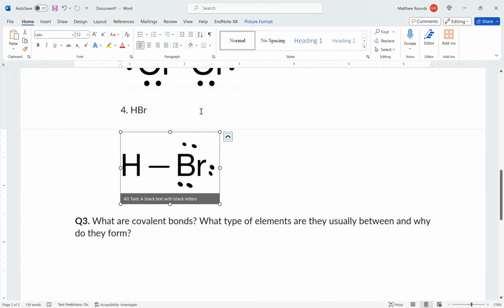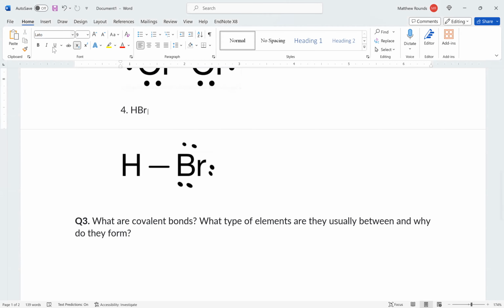It's hydrogen and bromine. It has one bond, a single bond.